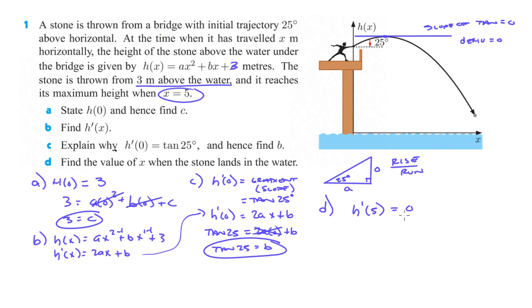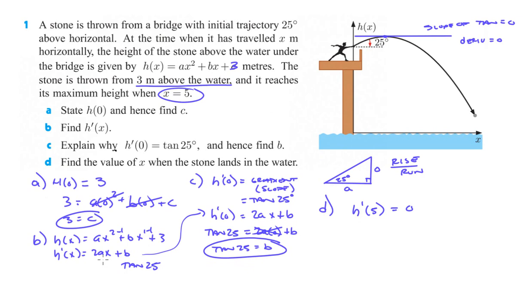So then what we can do now is plug in the info from here with our b and our x and our c, all that kind of good stuff. Our derivative over here, let's see, we now know that b is tan 25, right?